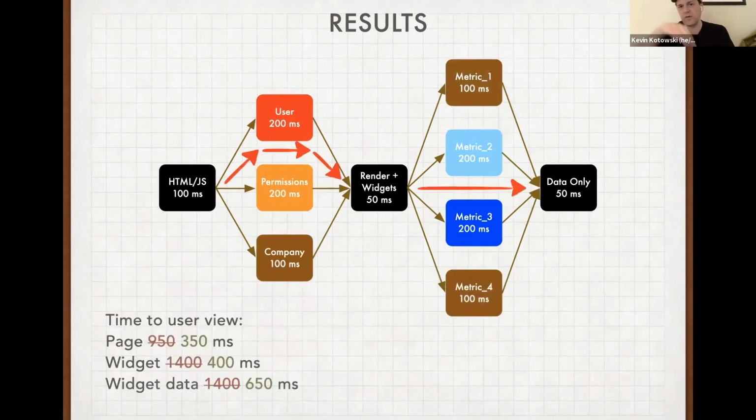And now instead of running through 800 and 400, we're actually running through 200 and 200. And the page is going to now render in 350 milliseconds. The widget is going to show up at 400, and then the widget data will show up at 650 because it'll still have to wait the 200 and the 50 in order to go. Debatably, metric 1 and metric 4 would appear first. So anyway, kind of went a little bit rapidly there at the end.